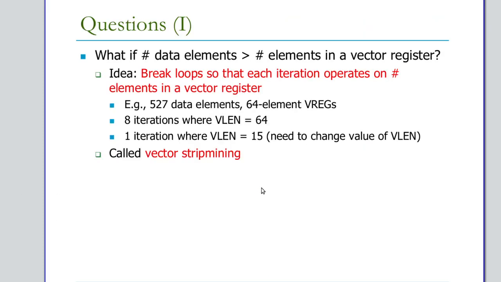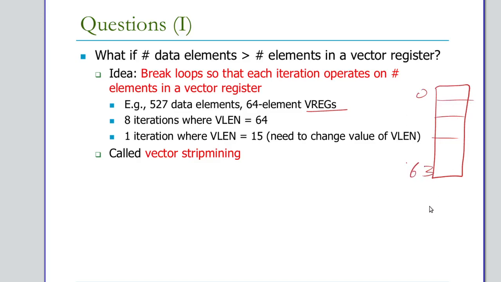Then one more thing that you have to consider is, what if the number of data elements is more than the number of elements in the vector register? Suppose the size of the vector register is 64, so the data that can be stored is 64 only.